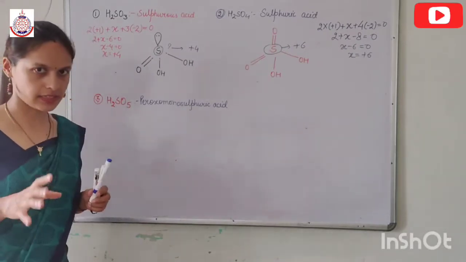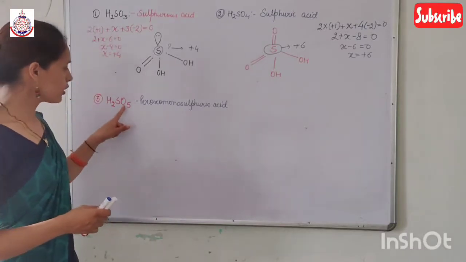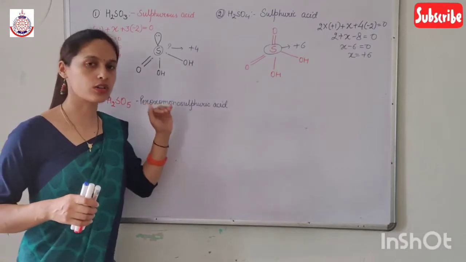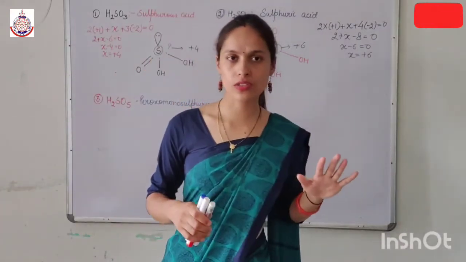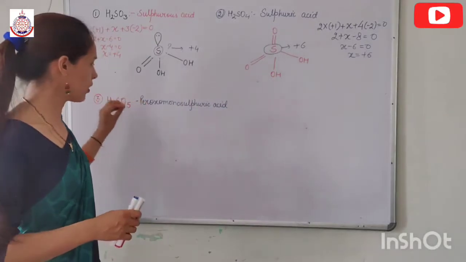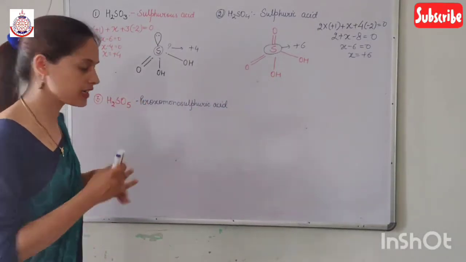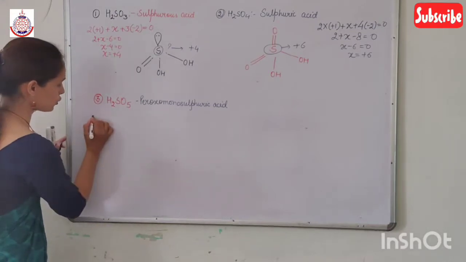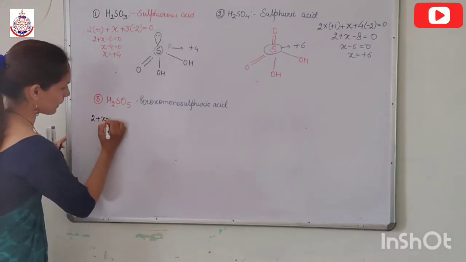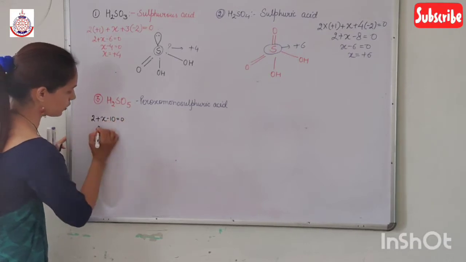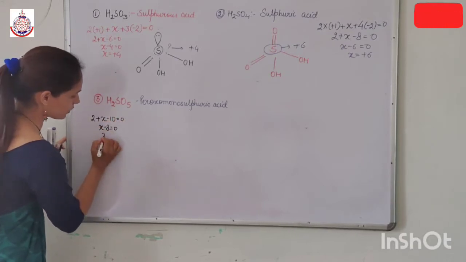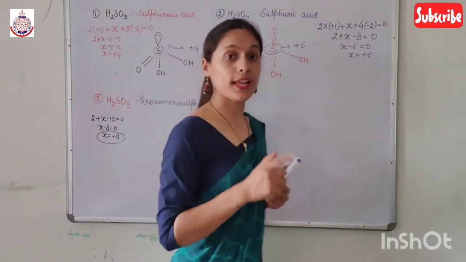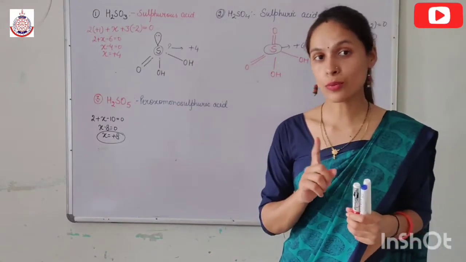Because if I consider that all the oxygens are present in the form of oxides, meaning the oxidation state of all the oxygens is -2, then if I calculate the oxidation state of sulfur, it becomes 2 plus x minus 10 equals 0. x minus 8 equals 0, and x equals plus 8. But we know that in sulfur, plus 8 oxidation state is not possible.